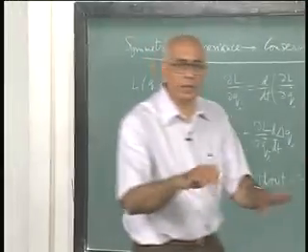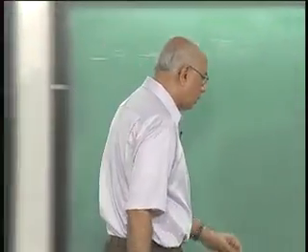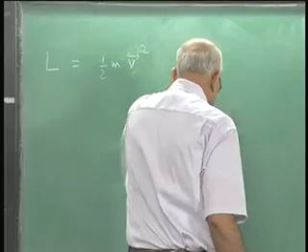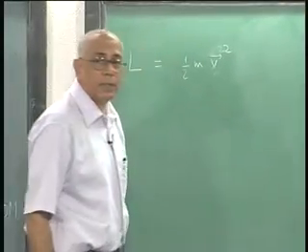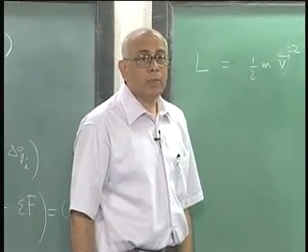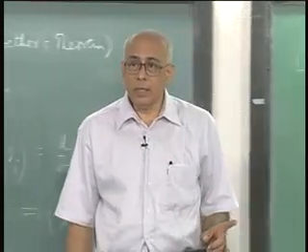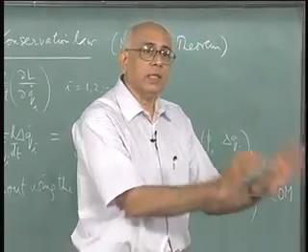Let us take an even simpler example, a free particle, no potential at all. In this case the linear momentum is conserved, the reason is that the system is invariant under a translation of the origin.